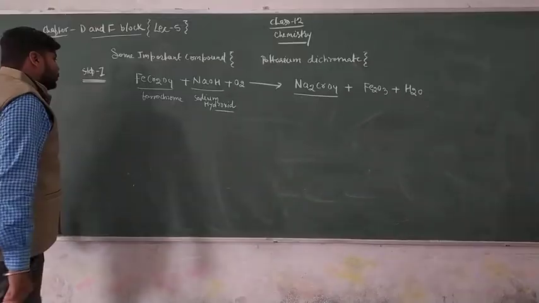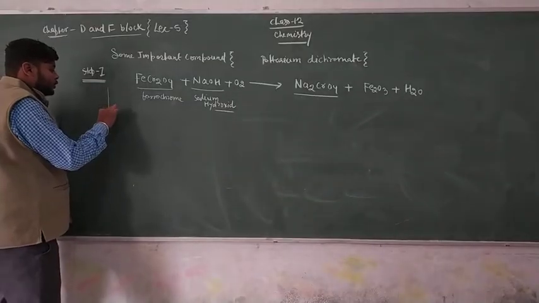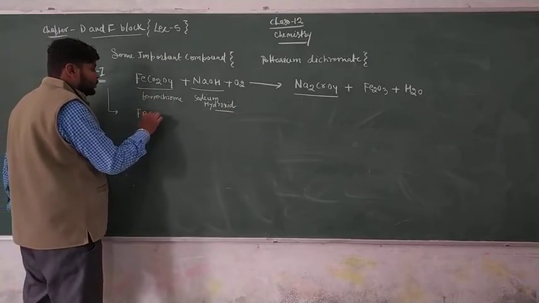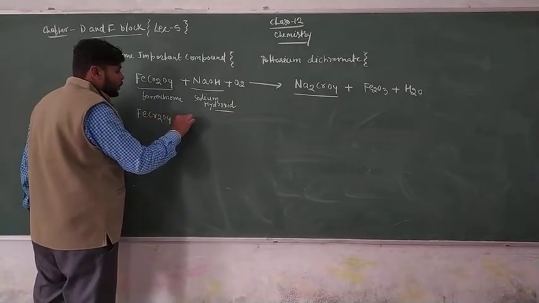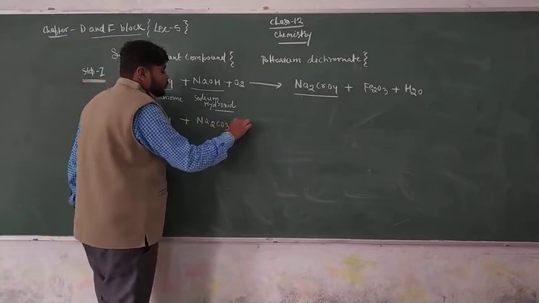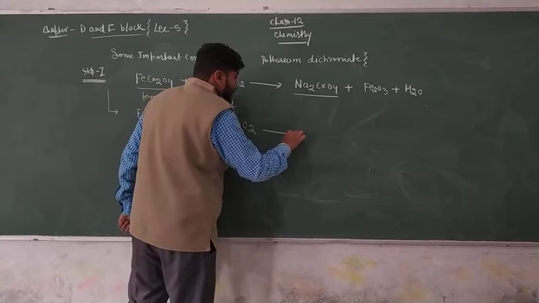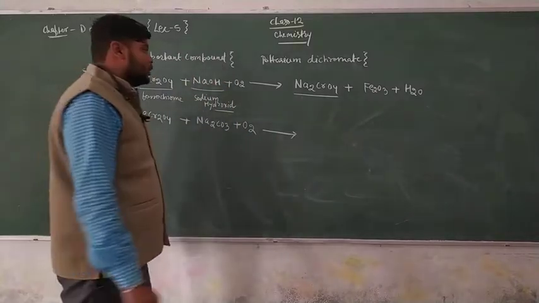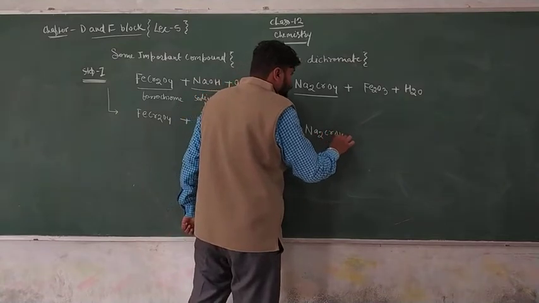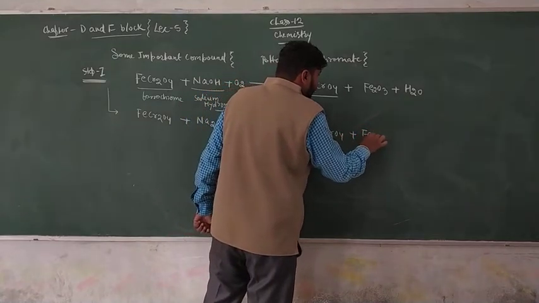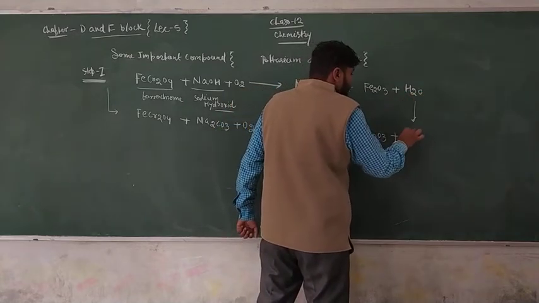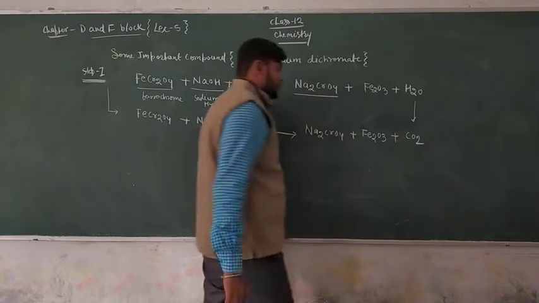You can also apply the second rule for this reaction, where we use FeCr2O4 ferrochrome combined with sodium carbonate Na2CO3 in the presence of dioxygen, and our resulting product is again Na2CrO4 plus Fe2O3, and CO2 will also be formed.